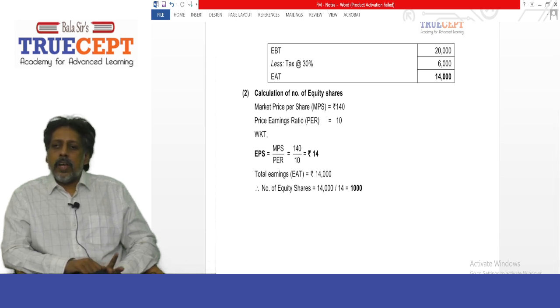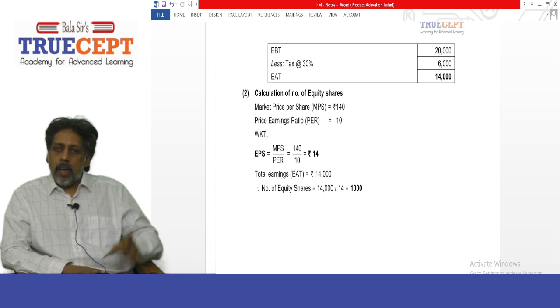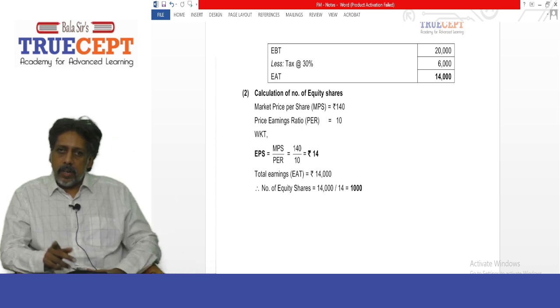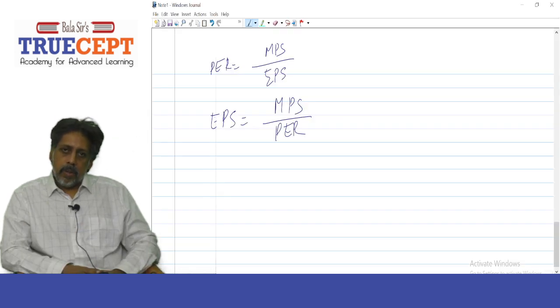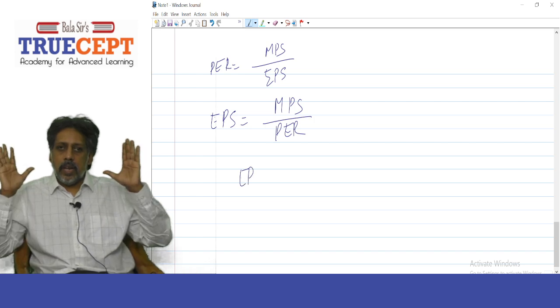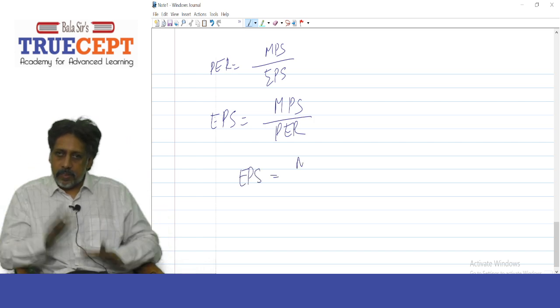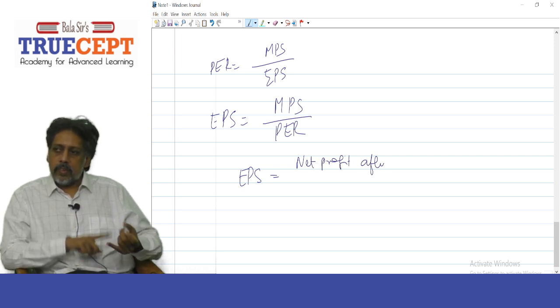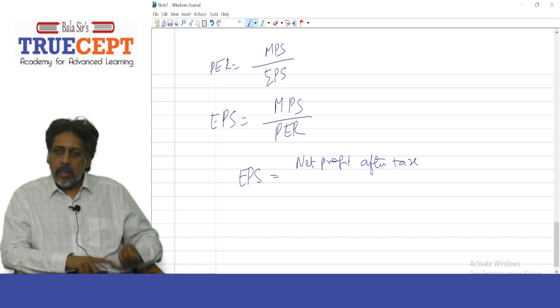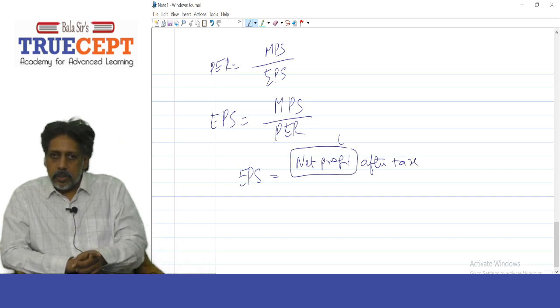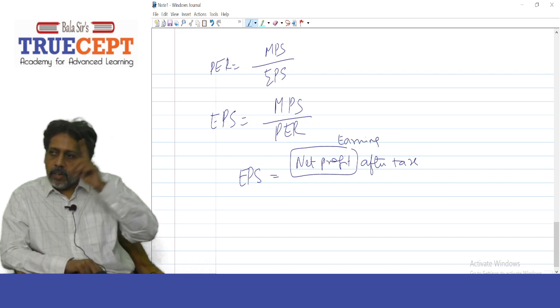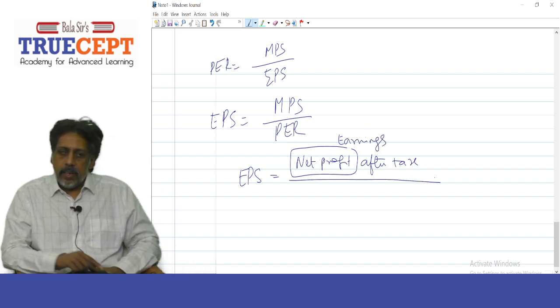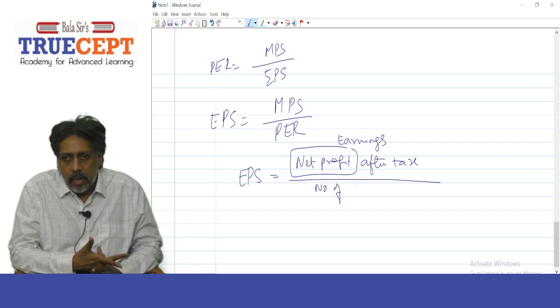Now, how to find the number of shares? Very simple. We know the formula for EPS. Earnings per share equals, make a note, net profit after tax, or earnings after tax. The real formula is earnings available to equity shareholders, divided by the number of equity shares.